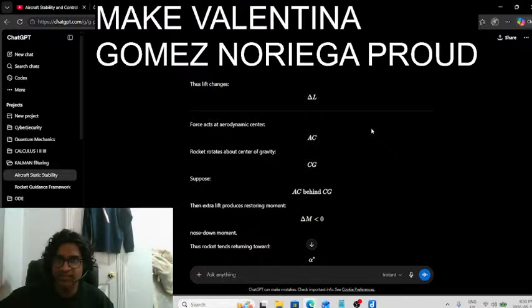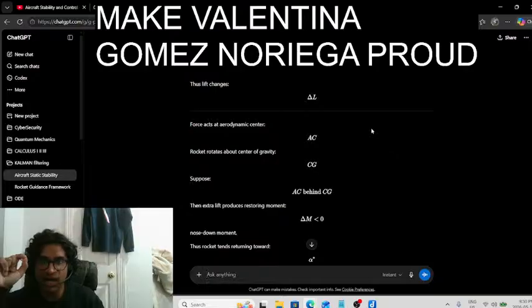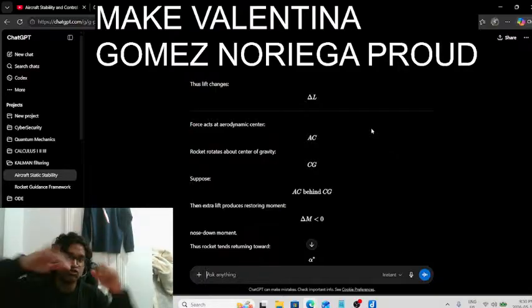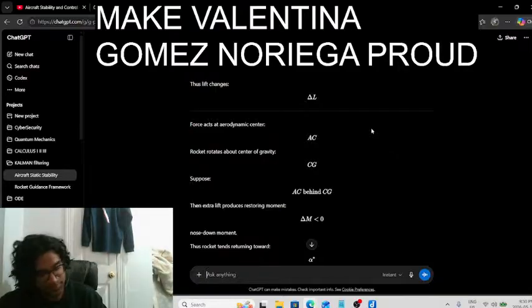Suppose AC, the aerodynamic center, is behind the center of gravity, it is going to easily pull. It's like a swing. If I have a rocket, and if my aerodynamic center is here, and this is my center of gravity, it can easily pull downwards.